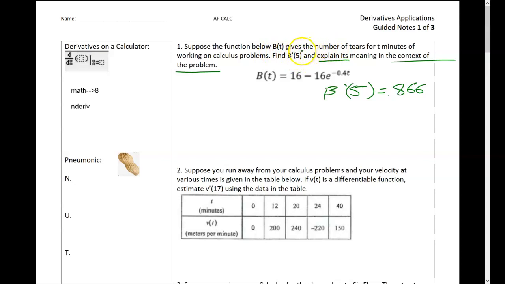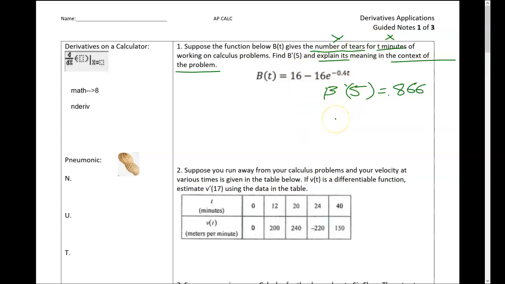So B of t gives the number of tiers. So I would annotate, so I would say like this is my y, right, is the number of tiers. And then for t minutes of working on your calculus problem, so maybe you can relate, and that's my x, right? So I would annotate my y and x, because that's going to help me figure out my units on this problem, okay?